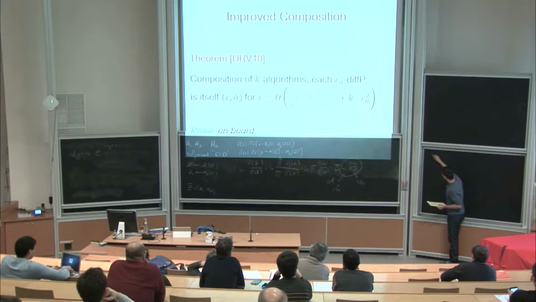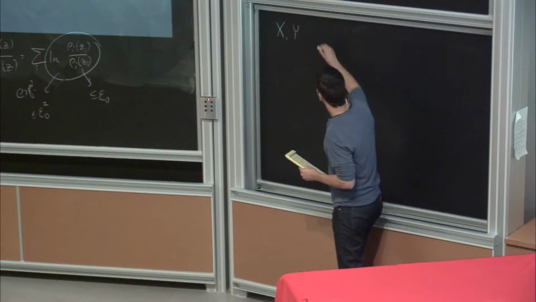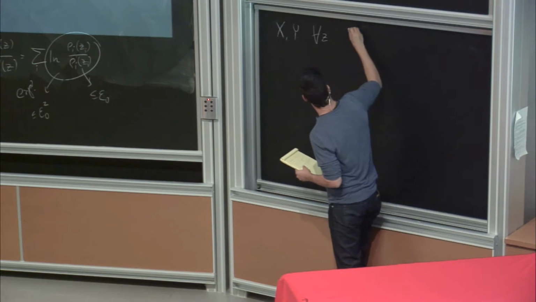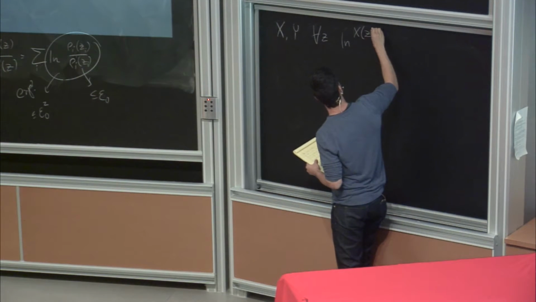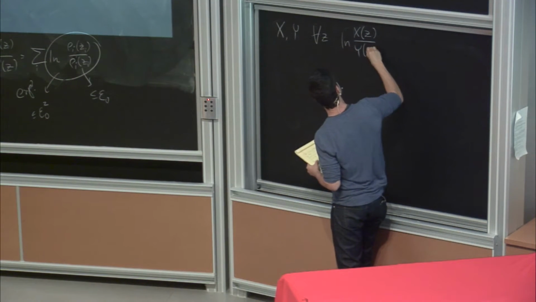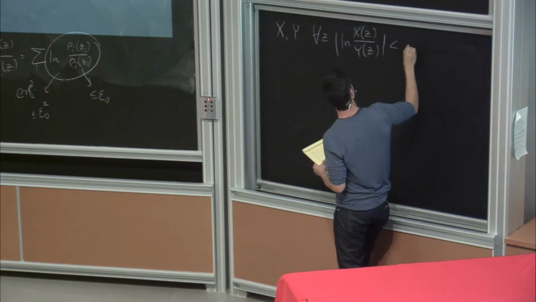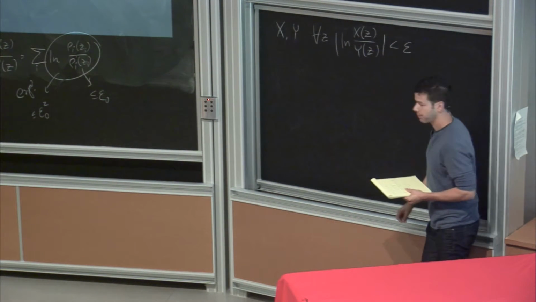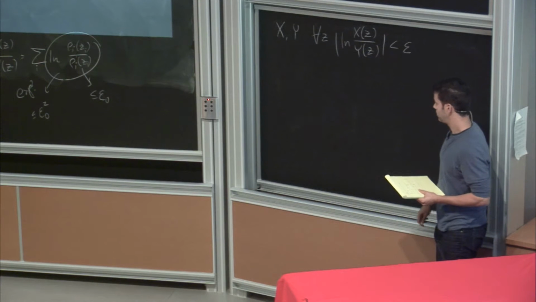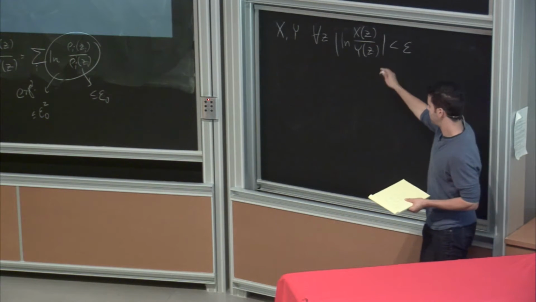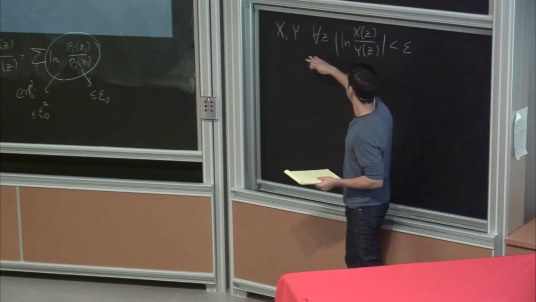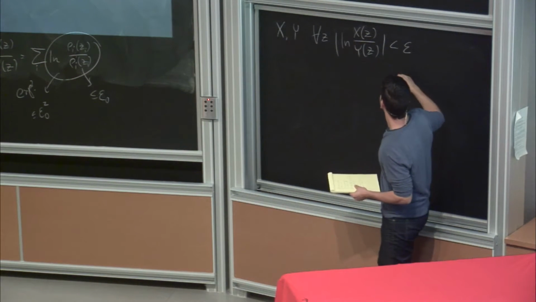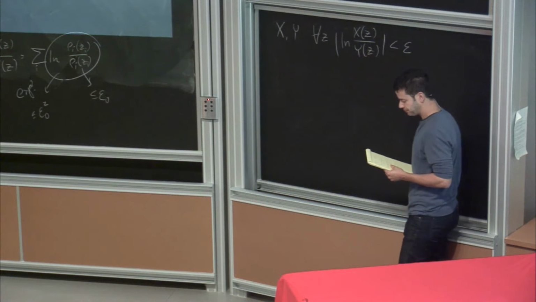So in particular, let's take x and y to be random variables, where for any outcome z, the log of the probability of z according to x over the probability of z according to y is at most epsilon. Think of this as the distribution of running the algorithm on data set D. This is the distribution running on D prime. And this is the guarantee that we get from epsilon differential privacy.